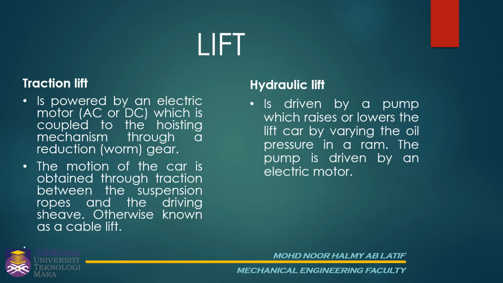The motion of the car is obtained through traction between the suspension ropes and the driving sheave, otherwise known as a cable lift. A hydraulic lift is driven by a pump which raises or lowers the lift car by varying the oil pressure in a ram. The pump is driven by an electric motor.